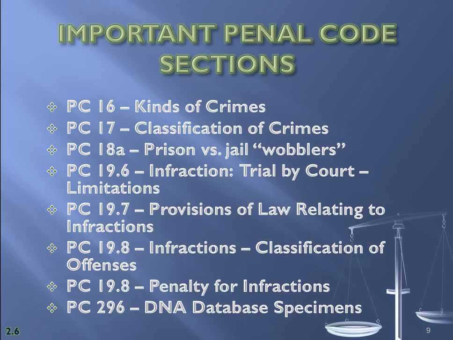Section 296: persons convicted of enumerated or certain crimes, and you can look up the different crimes. I'm not going to go through them all for you. They are required to provide 2 specimens of blood, a saliva sample, right thumbprints, and full palm prints of both hands for inclusion in state databases.